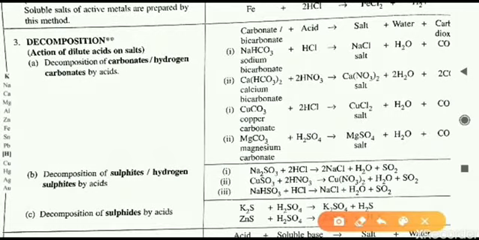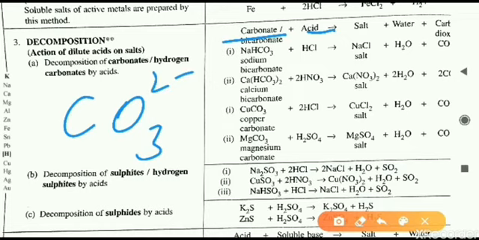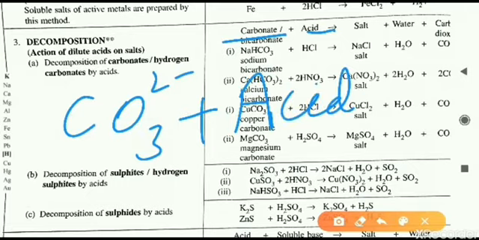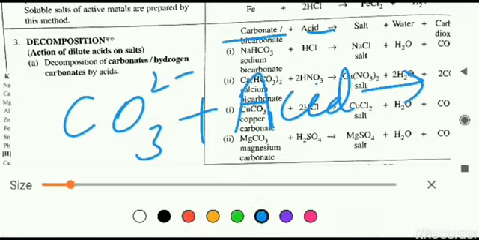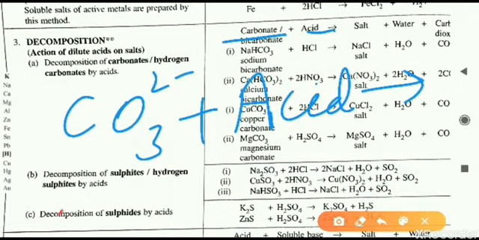So let us have the general equation now. Carbonate plus acid. Carbonate is what? Carbonate is the CO3 2 minus ion. So any compound containing CO3, that is carbonate, will react with acid. Carbonate reacts with acid, and what is produced? On the product side, salt will come. That is the purpose of this reaction: we have to make a salt, preparing a salt.